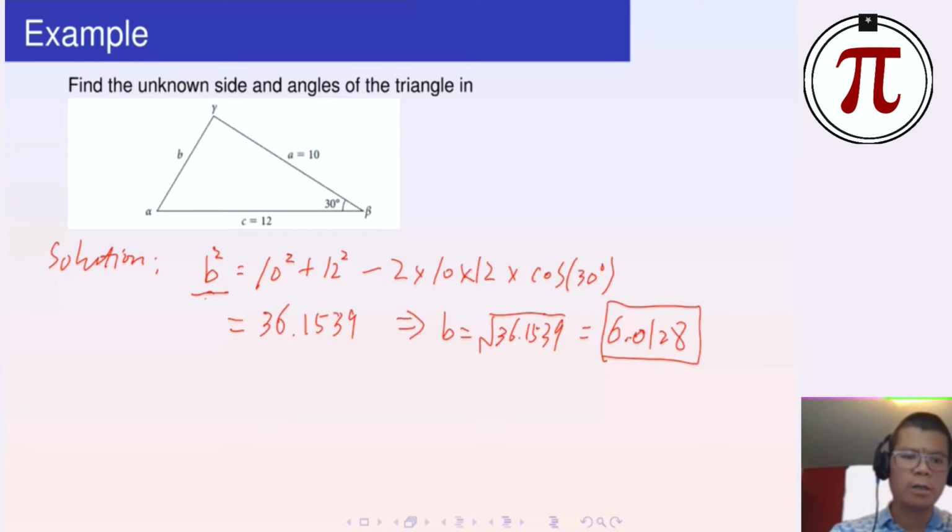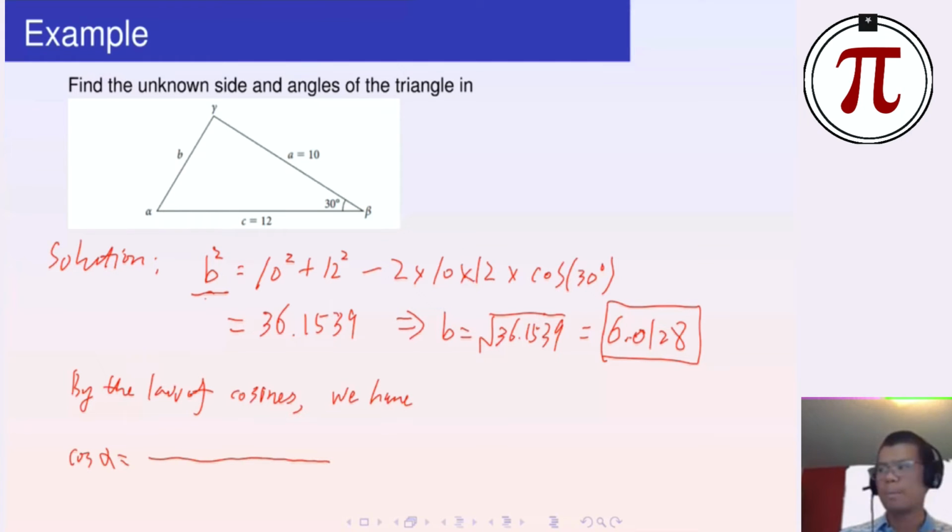Firstly, cosine alpha is what? By the law of cosines, cosine alpha equals b squared plus c squared minus a squared over 2bc, the sum of the squares of the two adjacent sides.